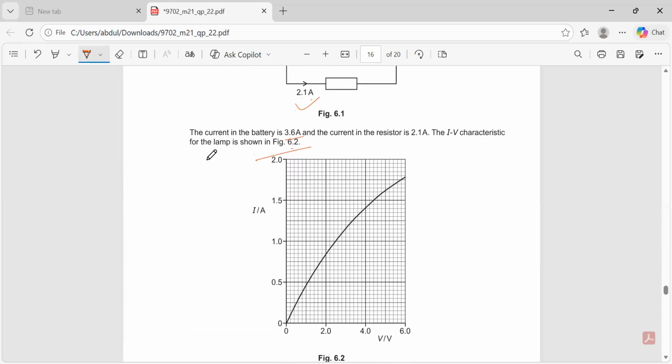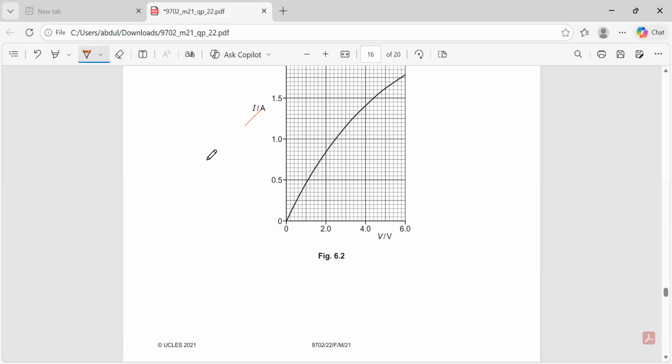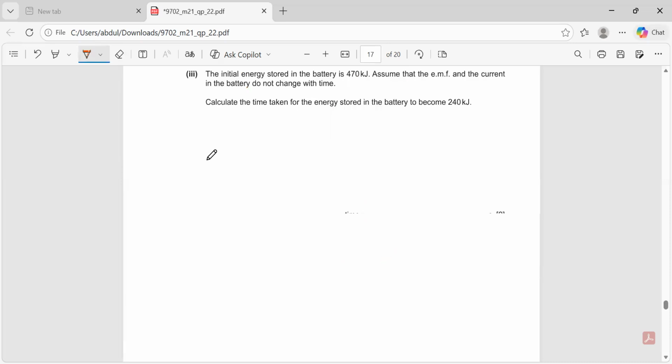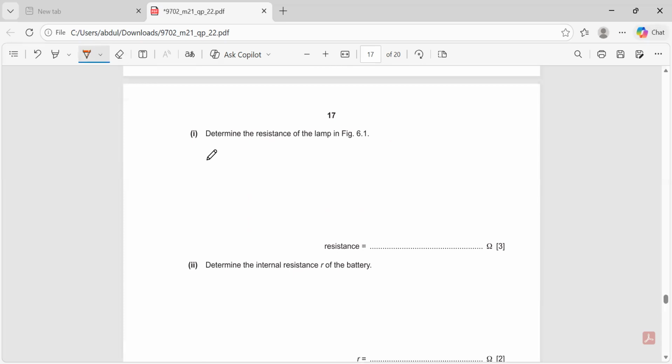So the characteristic curve is given, current against the volt. What are we supposed to calculate? First of all, determine the resistance of the lamp in figure 6.1.